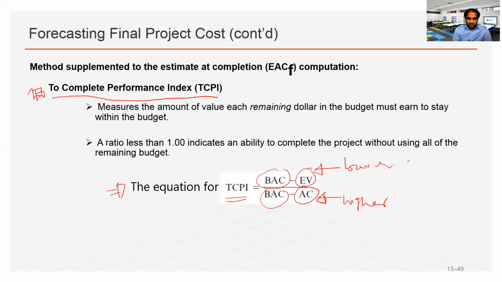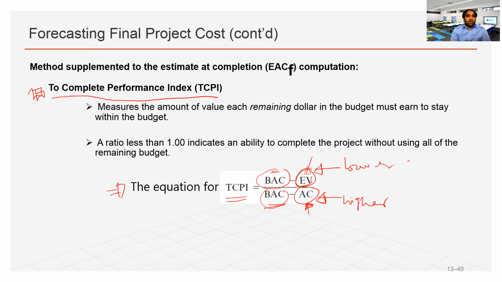If this is a lower number, that means earned value is more. This is actual cost. Actual cost is actually less because both are subtracting, right? Actual cost is actually less.